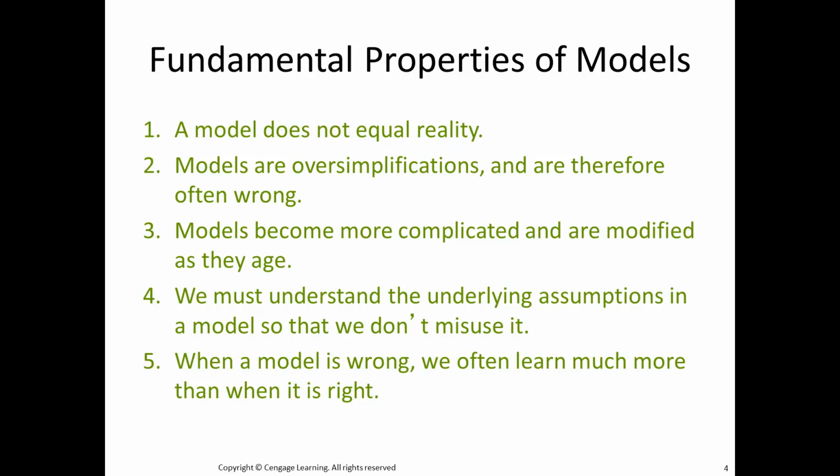Models are oversimplifications and are therefore often wrong. Models become more complicated and are modified as time goes on and as more information comes to light. We must understand the underlying assumptions in a model so that we don't misuse that particular model. And when a model is wrong, we often learn much more than when it's right.